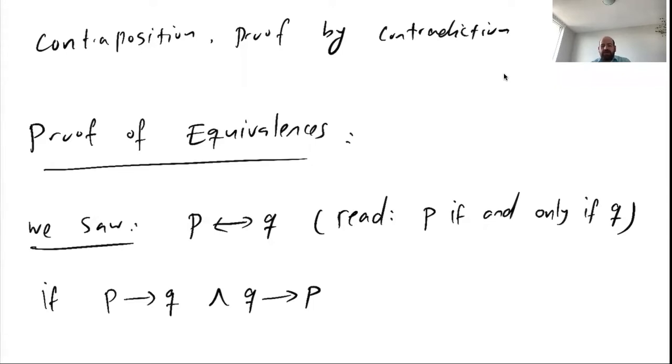So if in the exam you want to prove a biconditional statement, you have to prove two problems: first P implies Q, and then Q implies P.